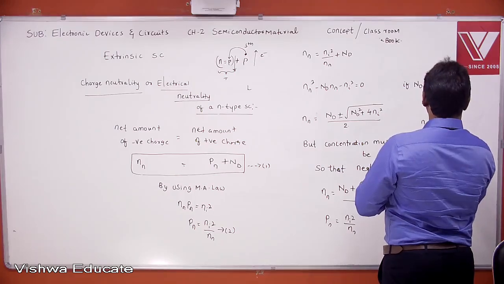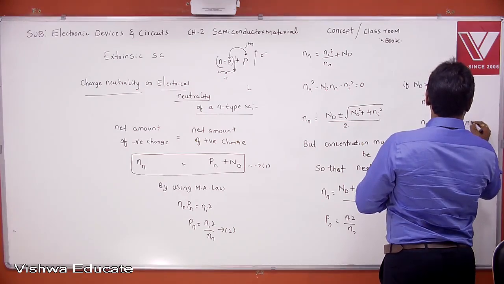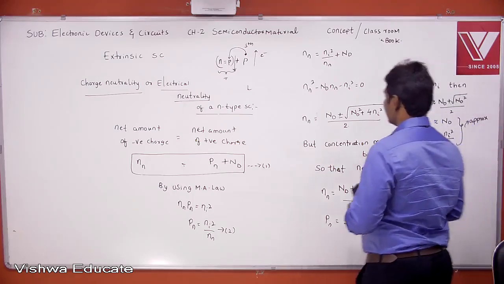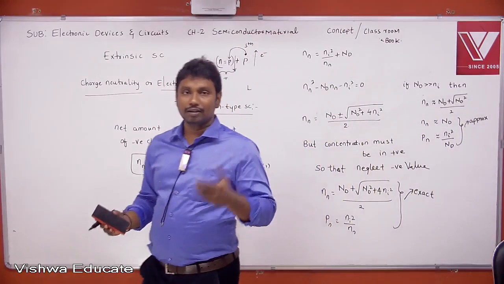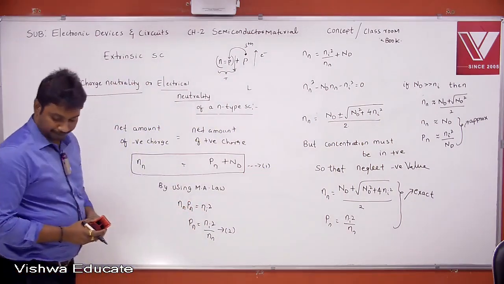And Pn is approximately equal to Ni square by Nd. These two formulas are called approximate formulas. These are the free electron and hole concentrations. Copy.